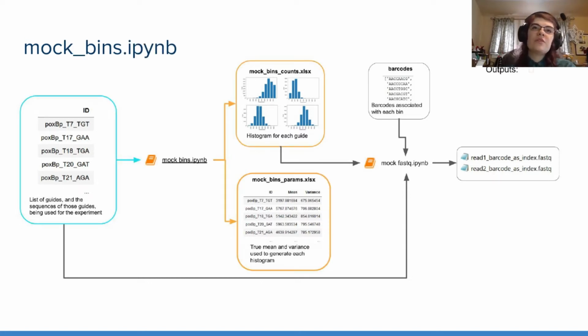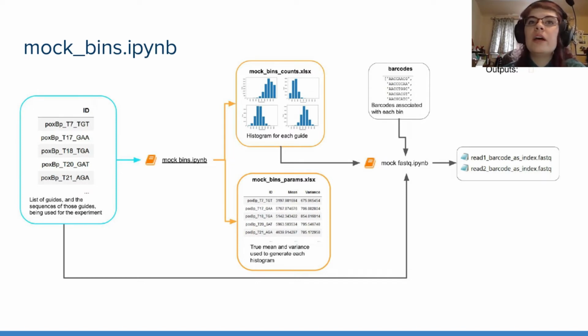Starting with the first script, called mock bins, which will generate a binned histogram of fluorescence expected to be output by the FACS process for various guides used in the experiment. It takes in a list of all of the guides, and then it outputs a fluorescent histogram for each of the guides.